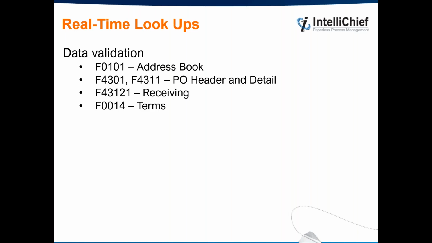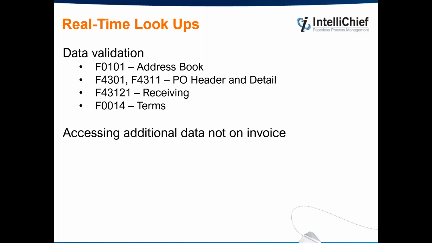So when we identify who the supplier is, or we identify what the payment terms are on the invoice, or whether this invoice matches the purchase order and the receipt, we want to take that information off of the invoice and we want to validate it against what's in JD Edwards. And we want to do that in real time. And that's really important on the receiving side of things. I think we'll talk about that in a minute.